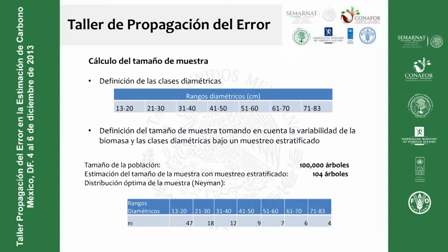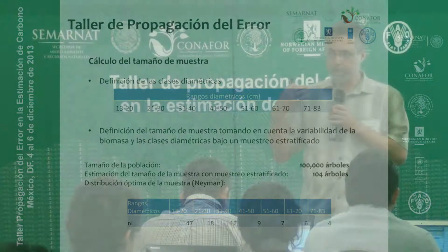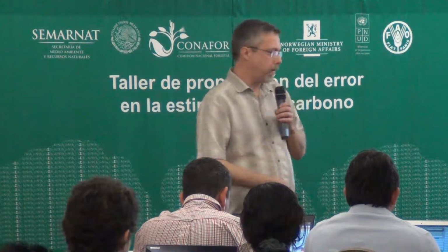Probably we should go back and not use number of individuals and look at the term that we're trying to estimate, which is actually biomass. So we may adjust these numbers. But if you look at this, because we have a lot of trees in the lower end of our diameter ranges, this process will of course say we should pick more number of n in that class range.